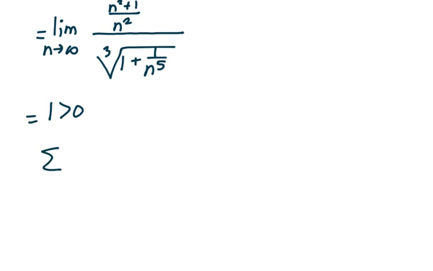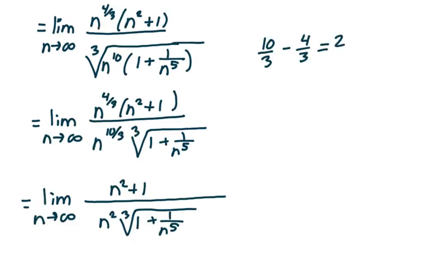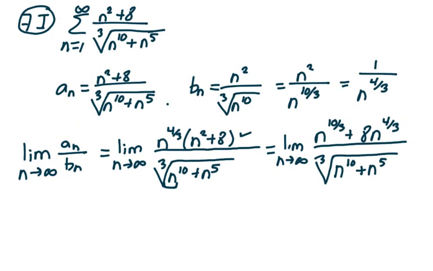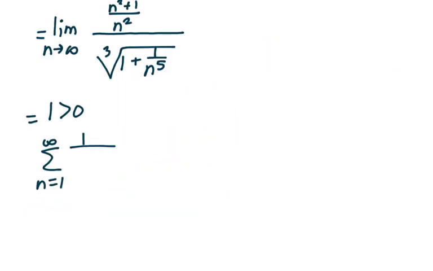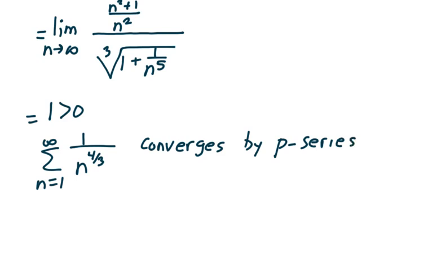Now, the summation from n equal 1 to infinity of 1 over, and let's remind ourselves, we compared it to 1 over n to the 4/3. So the summation from n equal 1 to infinity of 1 over n to the 4/3 converges. Why? It converges by p-series. p equals 4/3, which is bigger than 1.